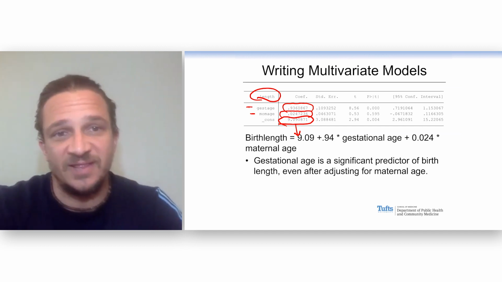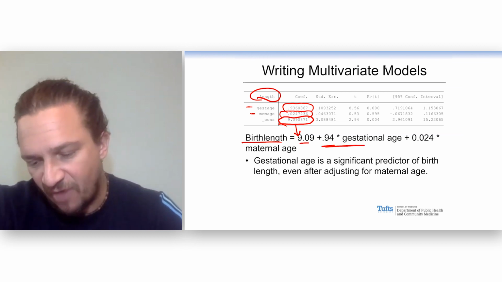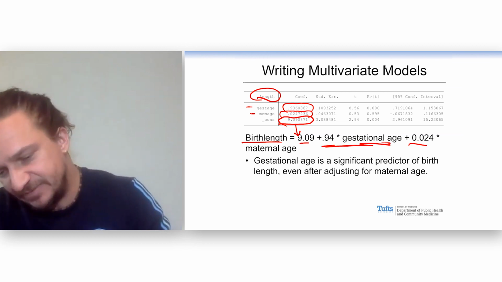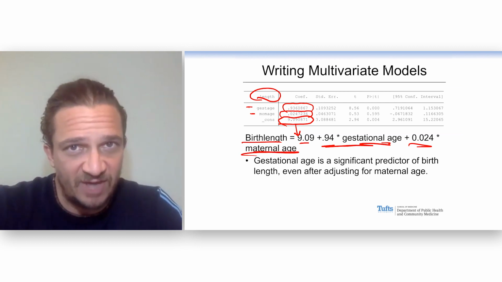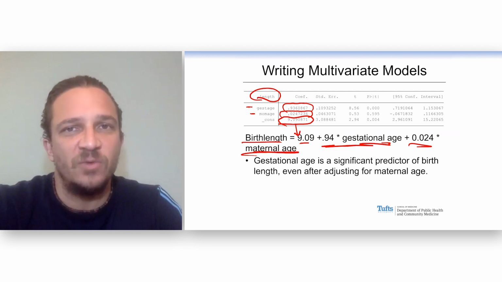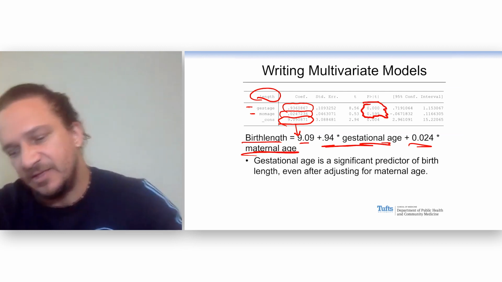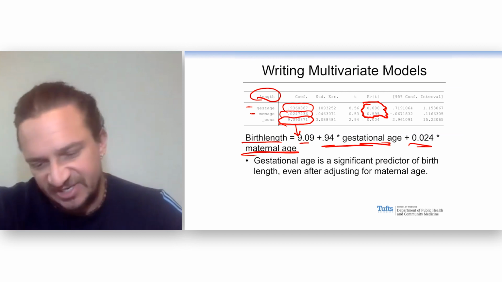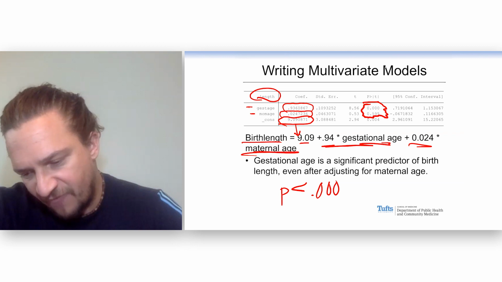So the model gets written like this. Birth length equals intercept plus our first slope plus our second slope. And like we saw in simple linear regression, we can have null hypotheses and we can do hypothesis testing for these parameters. And we see that gestational age is still a significant predictor of birth length.